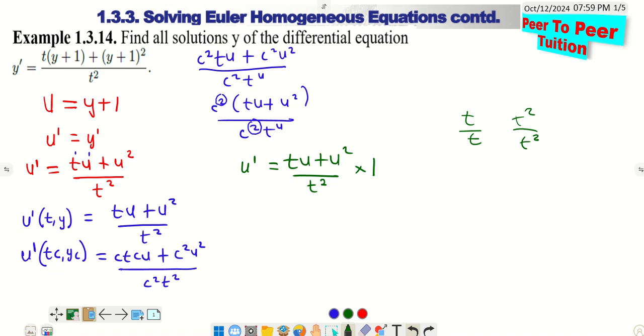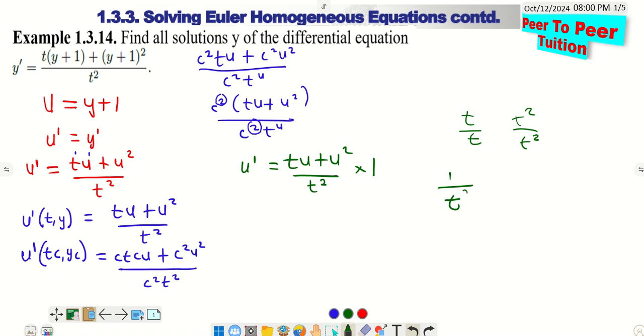Any number divided by itself is the same as 1. So how can I write 1? Now let's take note: 1 is always written in the form 1 over t raised to the degree. You see that it is homogeneous of degree 2, so t should always be raised to the power 2.